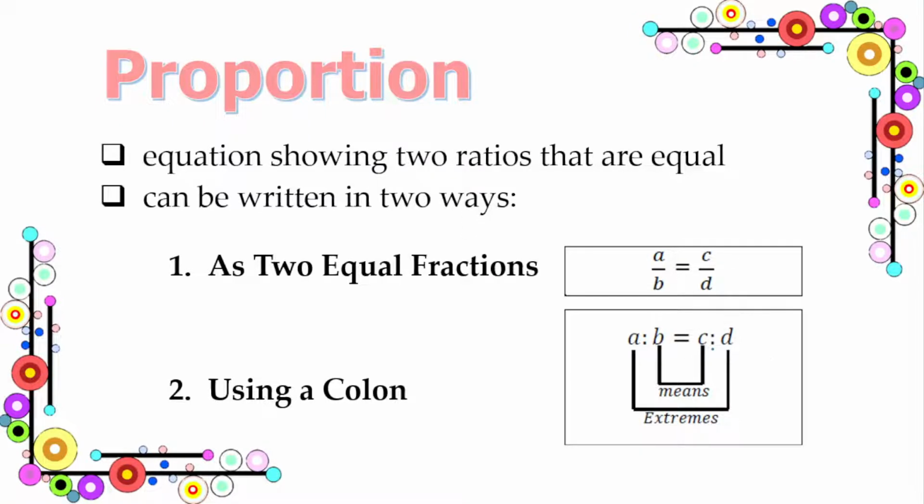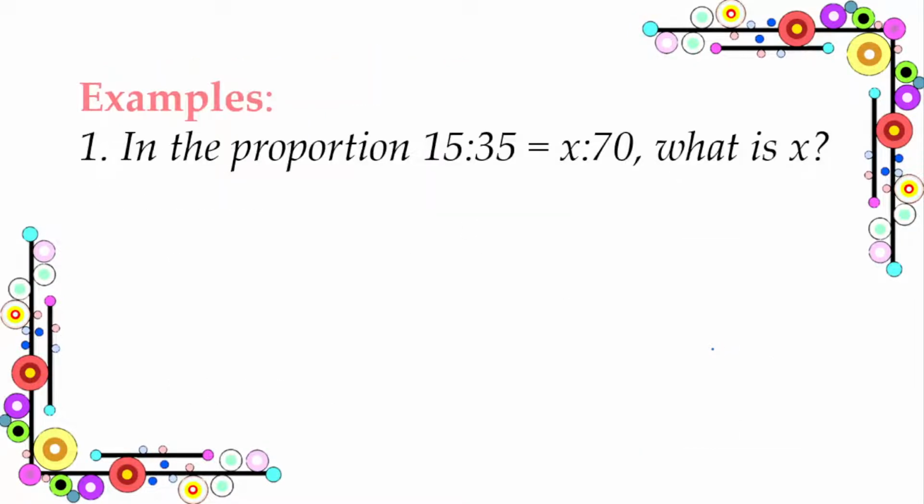Okay? So let's have an example. In the proportion 15 is to 35 equals x is to 70, what is x? So we're finding for the x. Okay? So we have our equation 15 is to 35 equals x is to 70.